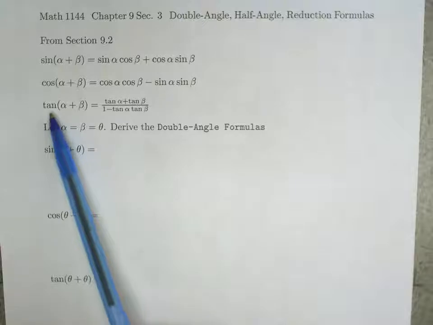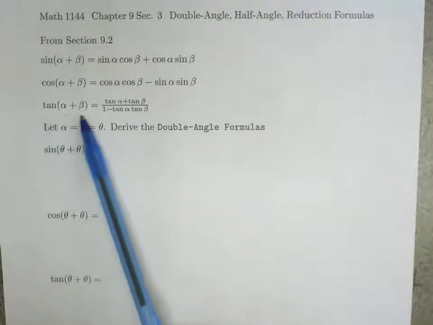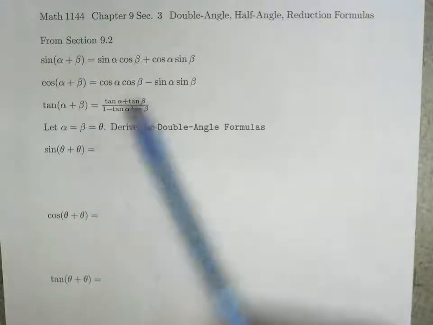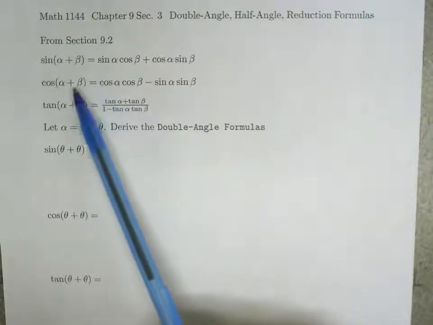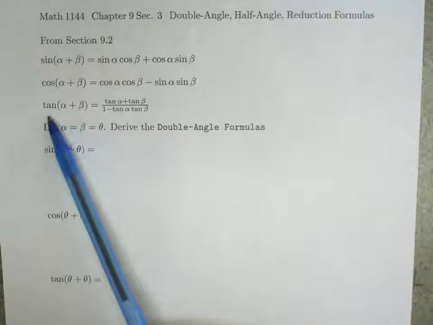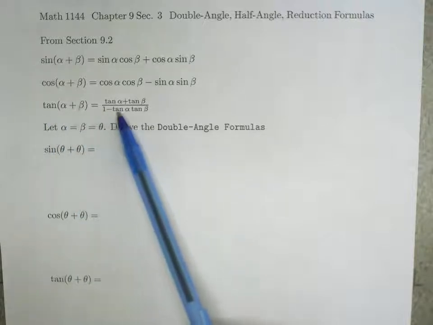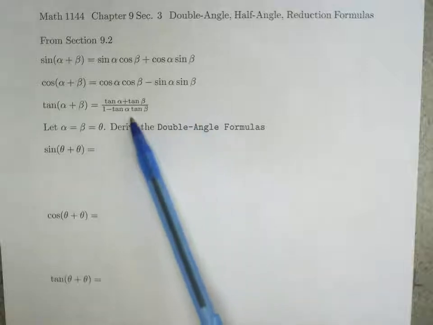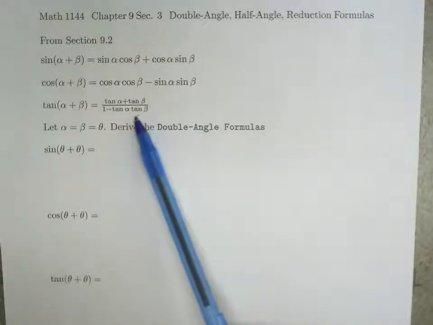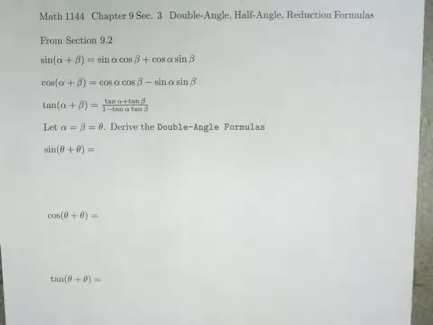And we derived tangent of alpha plus beta using sine of alpha plus beta and cosine of alpha plus beta. The tangent of alpha plus beta is tangent of alpha plus tangent of beta divided by 1 minus tangent of alpha times tangent of beta.